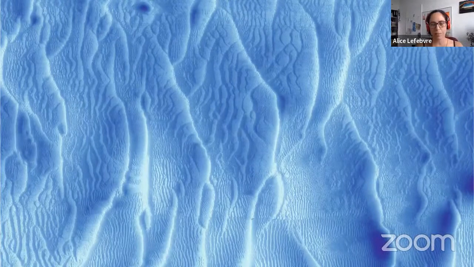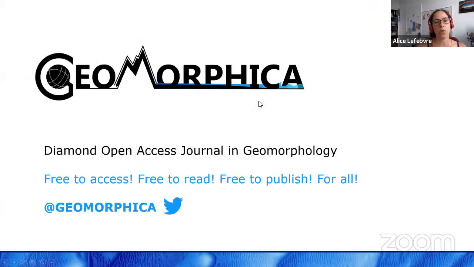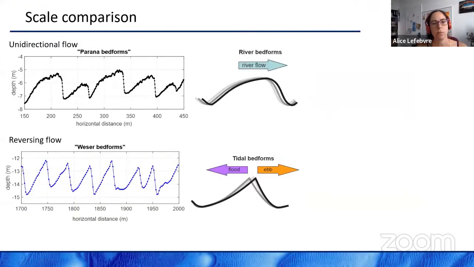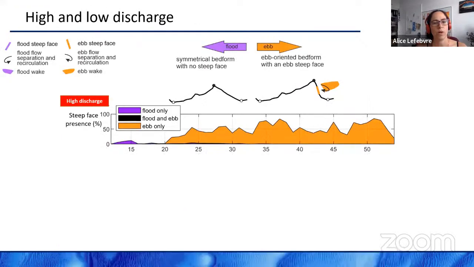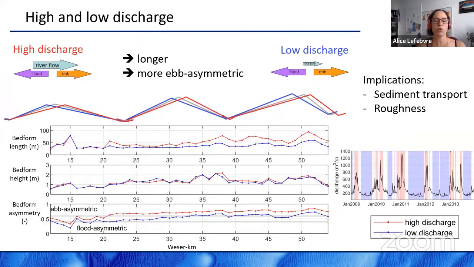We haven't calculated the migration rate exactly. I think it varies a huge amount depending on where you are in the estuary, and that's the whole thing with the asymmetry of the dunes. Those ones are not going to move very much, because in times of low discharge they're moving upstream, and in times of high discharge they're moving downstream.